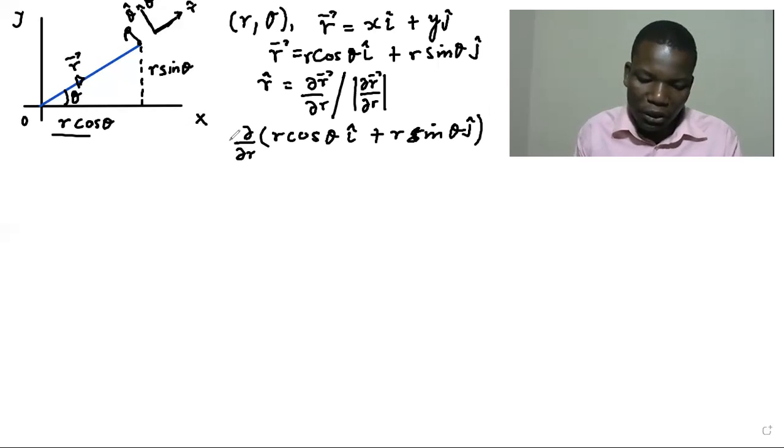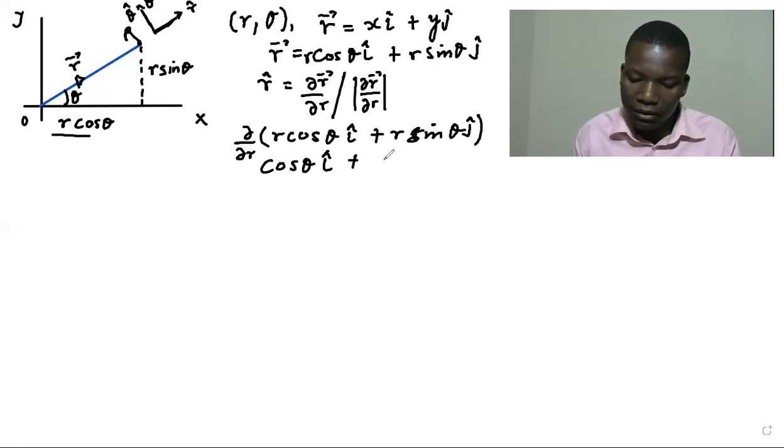So if we differentiate that, this is simple calculus. Here we are just differentiating r. Once we differentiate r, we're going to have cos theta i and sin theta j.